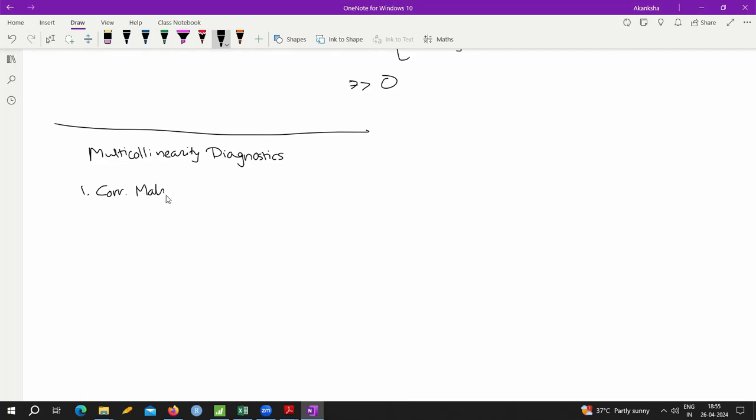If some of the entries in the correlation matrix are very high in magnitude, so the sign doesn't matter, then of course multicollinearity is present. But the converse is not true. What do I mean by that? It means that if all the entries in the correlation matrix are moderate, it does not necessarily mean that multicollinearity is not present. Got it?